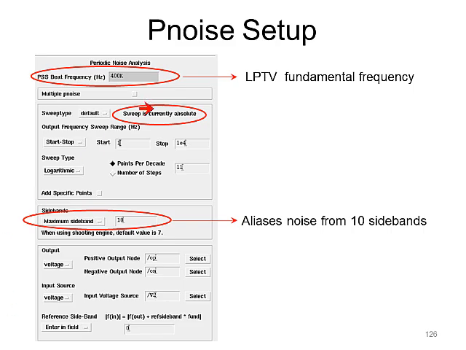This is the fundamental frequency of the LPTV system, which is the sampling rate of the modulator. It is 400 kilohertz. These are the start and stop frequencies, and I'm specifying that I should account for 10 sidebands of noise aliasing.